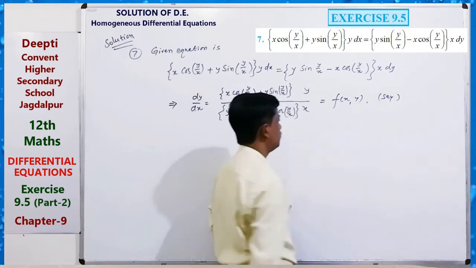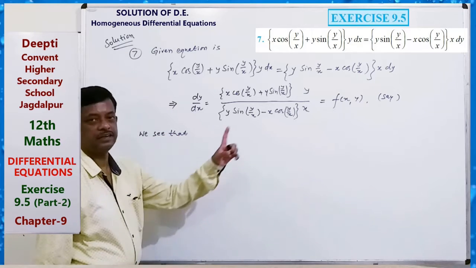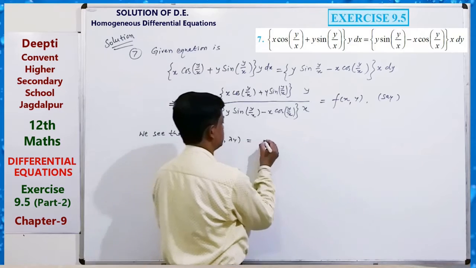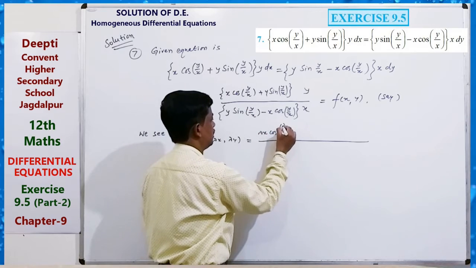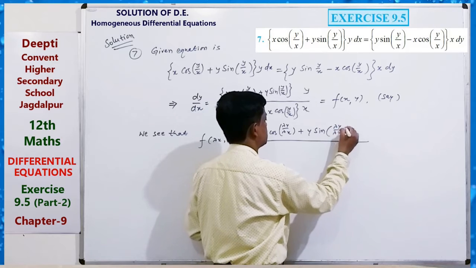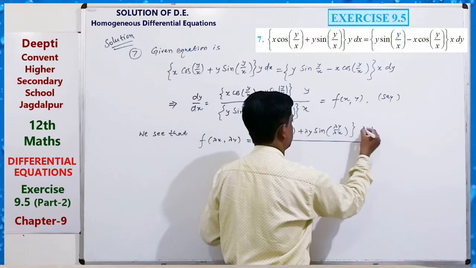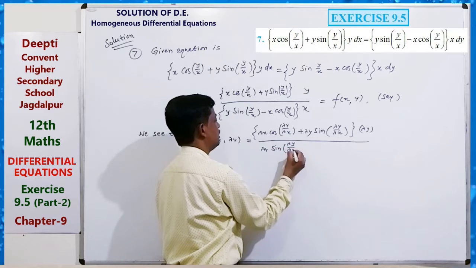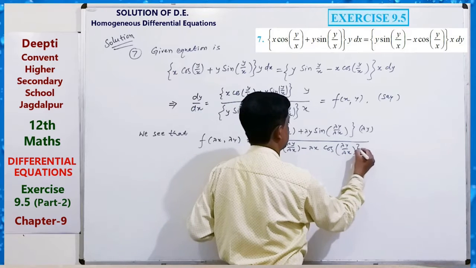We see that f(lambda x, lambda y) equals, in place of x lambda x, in place of y lambda y: lambda x cos of lambda y upon lambda x plus lambda y sin of lambda y upon lambda x, upon lambda y sin of lambda y upon lambda x minus lambda x cos of lambda y upon lambda x.